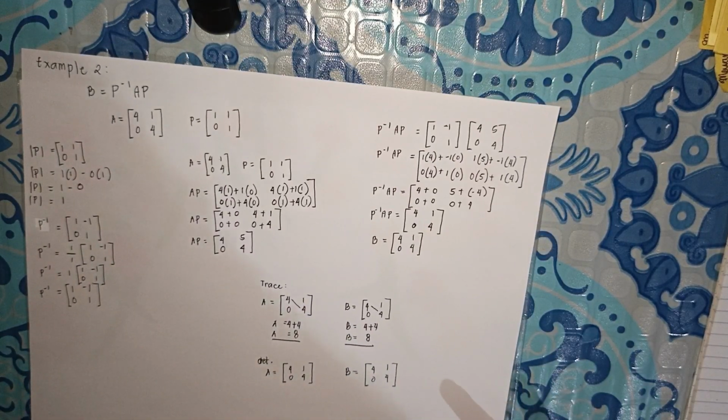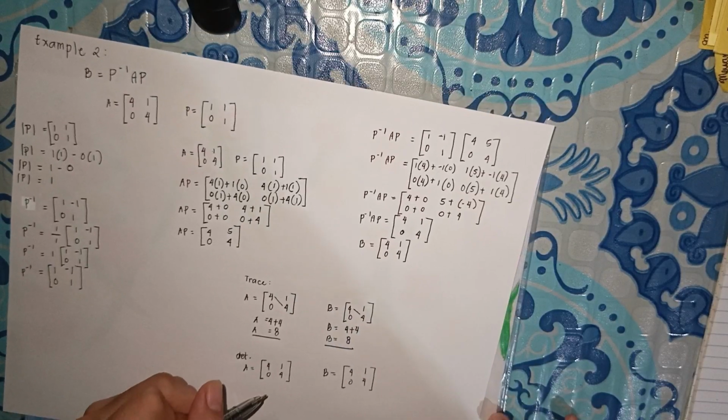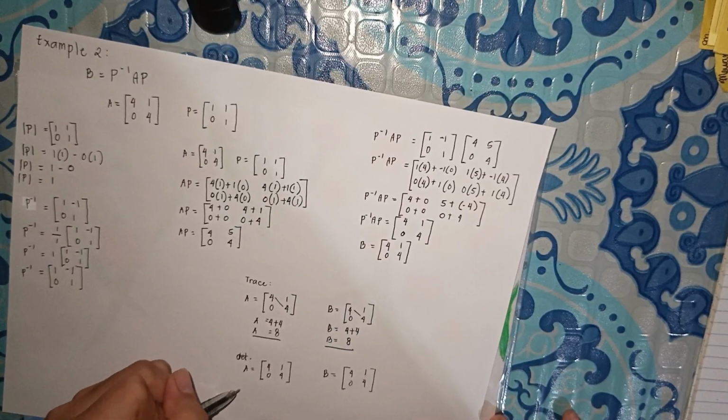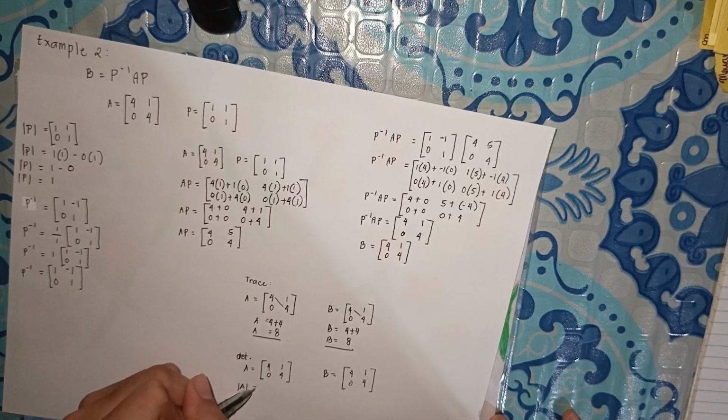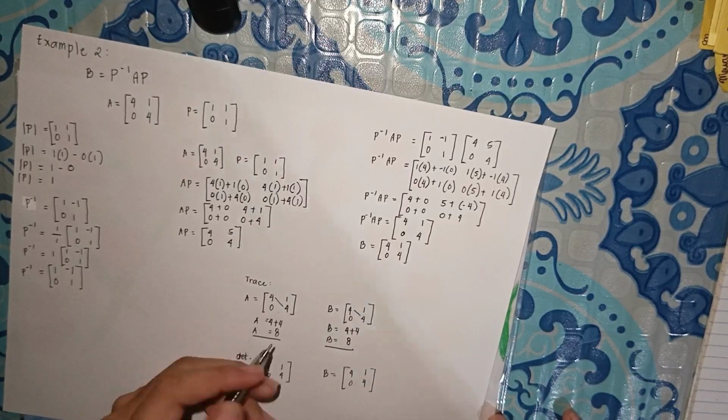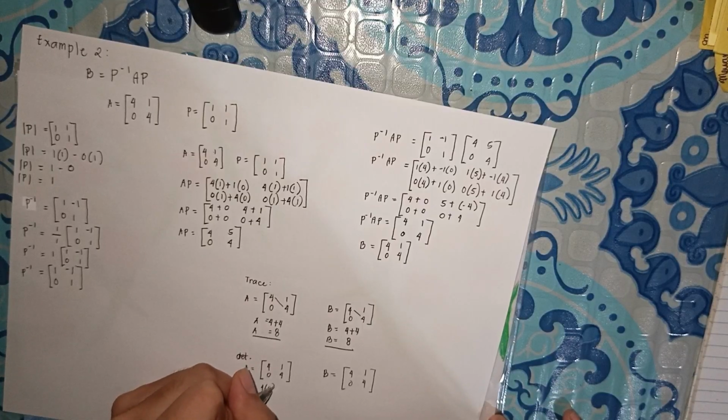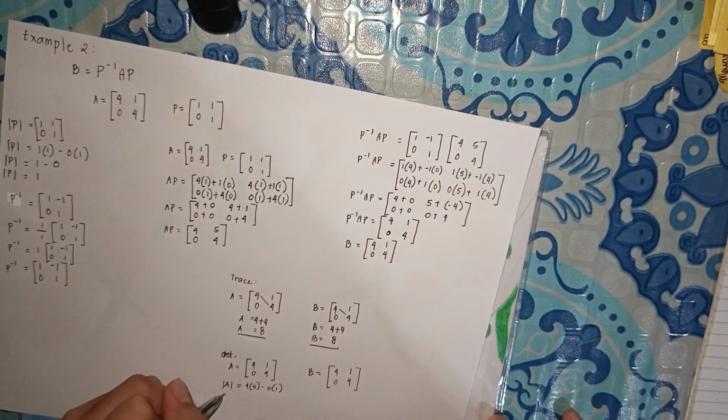So, 4 times 4 minus 0 times 1. 4 times 4 is 16 minus 0.